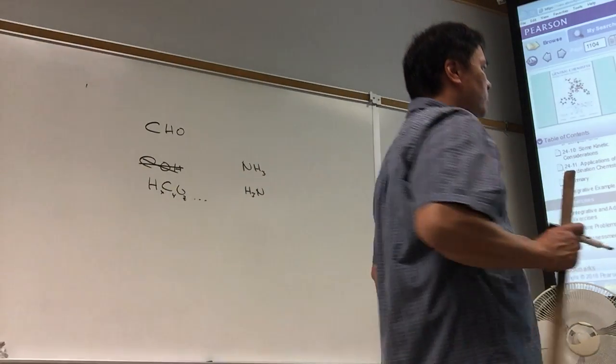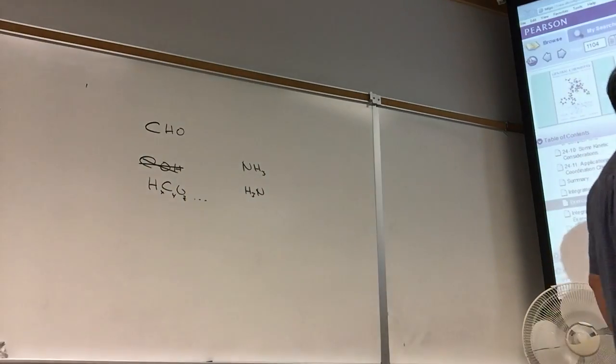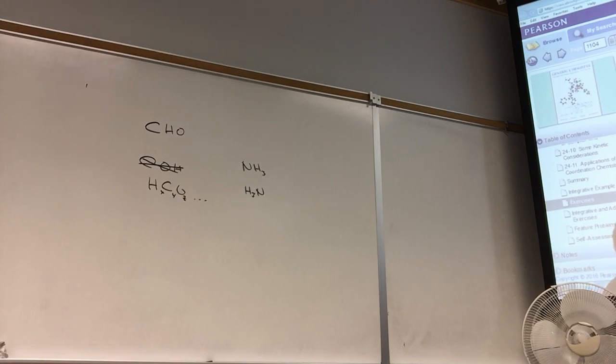And so NO2, do you write NO2 like this, ONO, or do you write it NO2? NO2 usually. My preference is just to put them in alphabetical order according to their name. But keep in mind that the book will put it in alphabetical order according to the formula, if there's more than one.